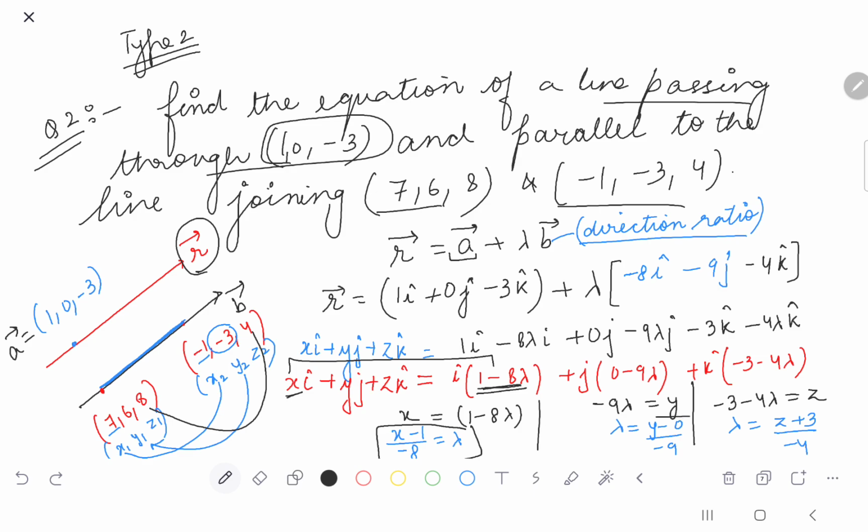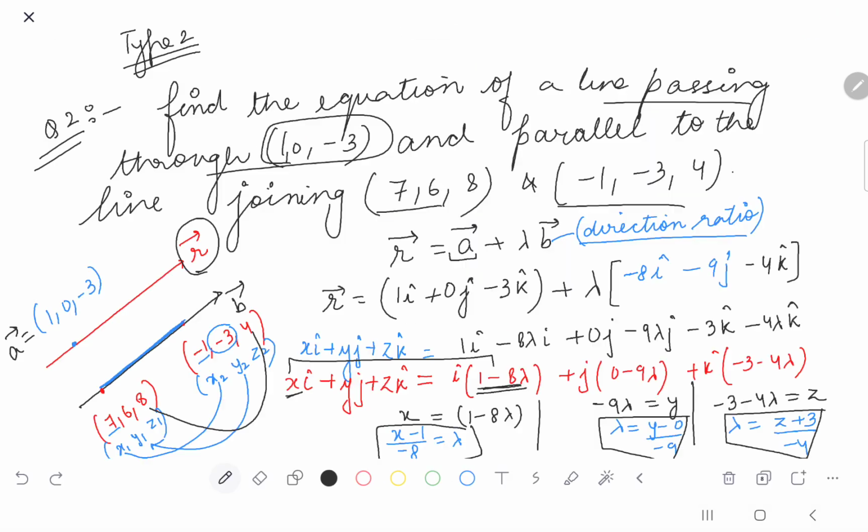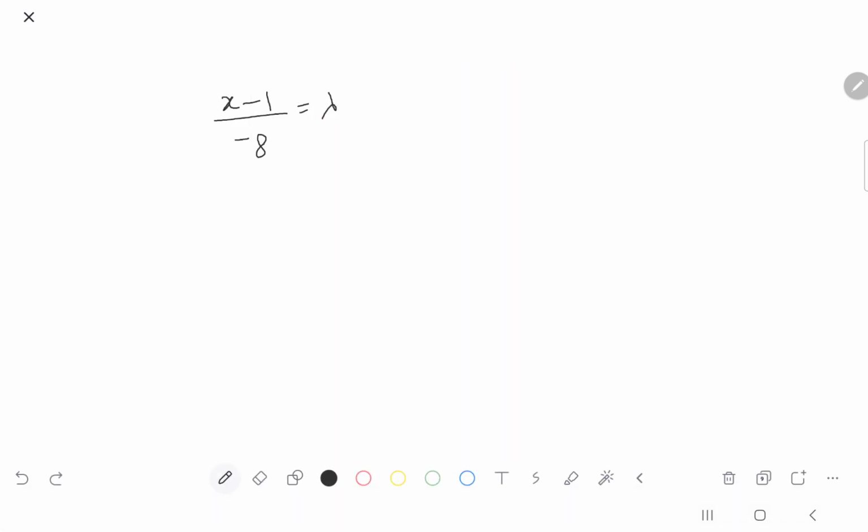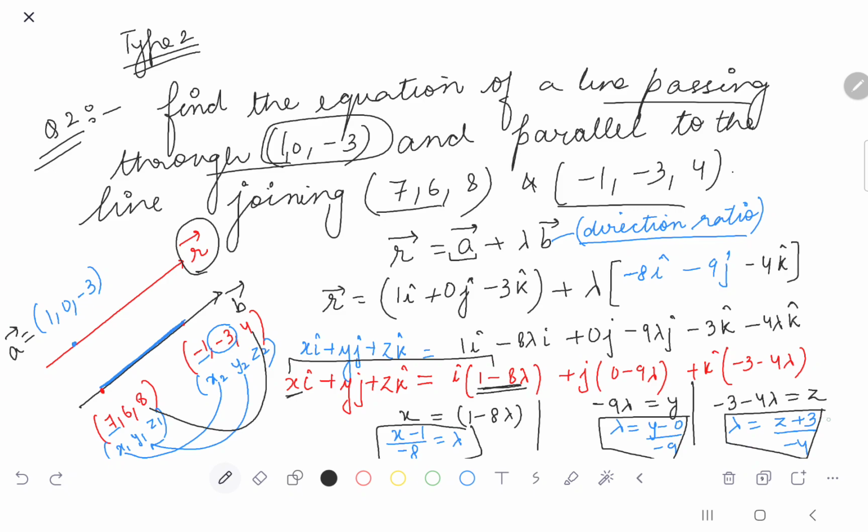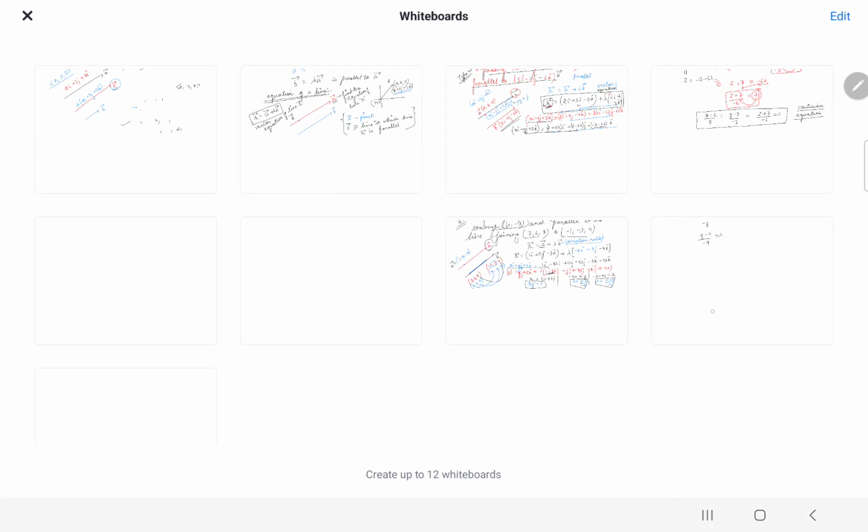Are you understanding? Yes, ma'am. So all these three are lambda. So how am I supposed to write the Cartesian form? I will say x minus 1 over minus 8 is lambda, y minus 0 over minus 9 is also lambda, and z plus 3 over minus 4 is also lambda.